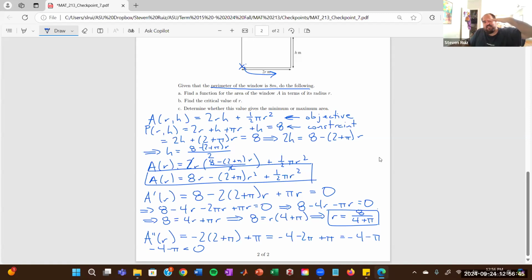And if they're decreasing, that means they have to go from positive to 0 to negative, which means I have a local maximum at this point. And that comes directly from the second derivative test. So that's all for checkpoint number 7.